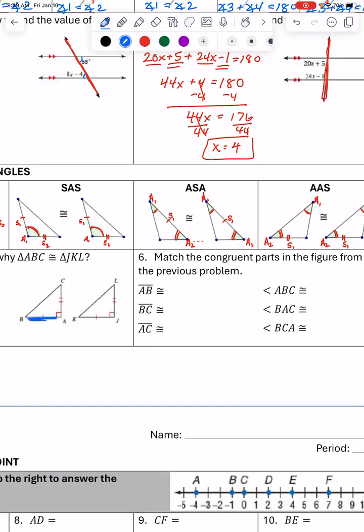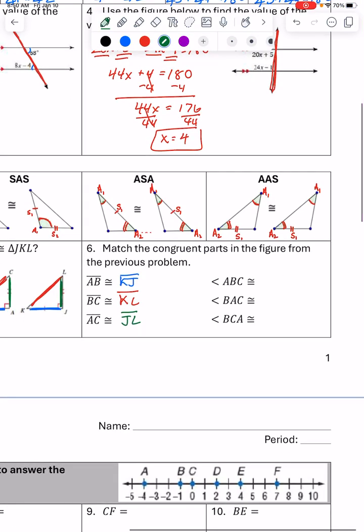It is congruent to this side. So KJ, okay? And then BC, so this side, matches up with this side. So KL. And then this side matches up with this side. So AC is congruent to JL.